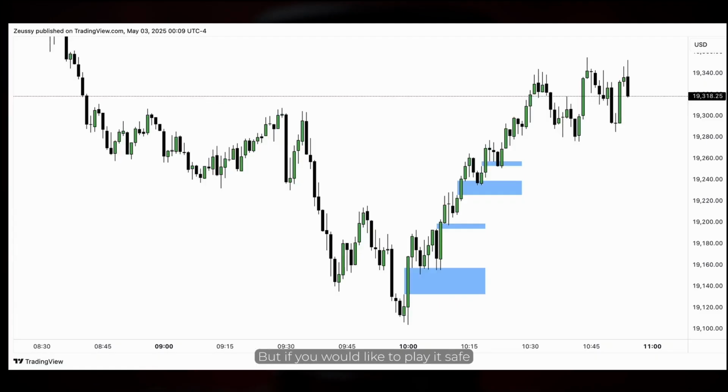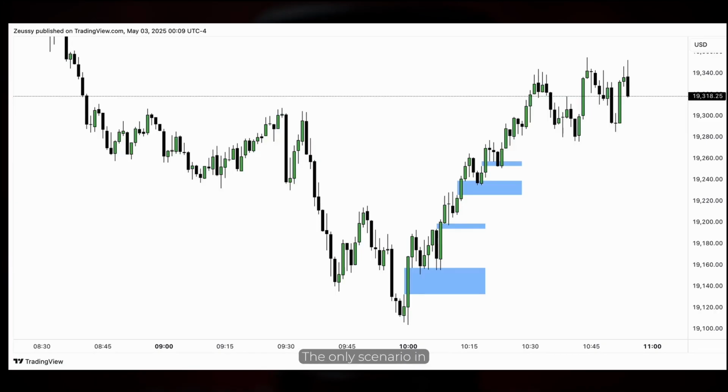But if you would like to play it safe and give it a bit more room, whenever the market retraces into, for example, this fair value gap right here and you decide to take this entry, what you can do is say, okay, instead of taking it with a stop loss below this low right here, meaning the first candle's low, which set up the creation of this imbalance, you can play it safer by giving it a bit more room and placing a stop loss below the low which formed inside of this imbalance. Because we never want to see lows that form inside of imbalances be taken out if the market displaced higher.